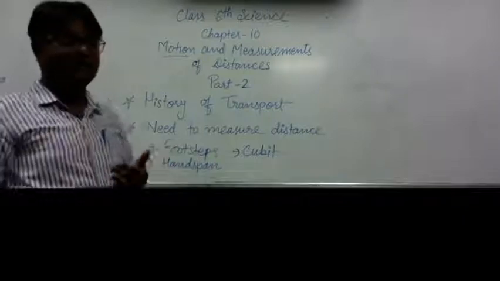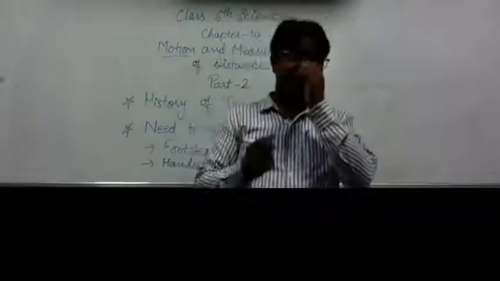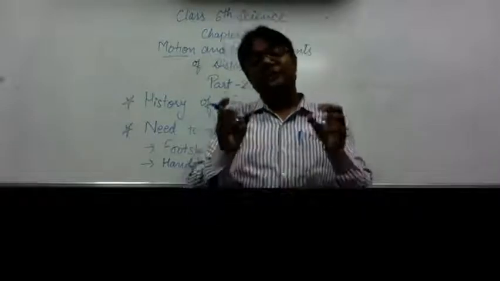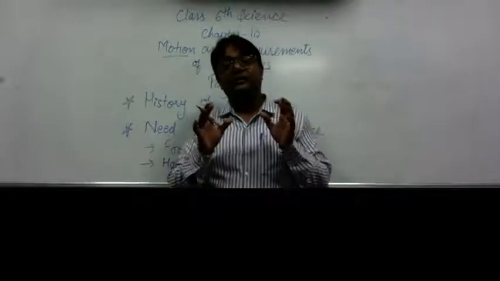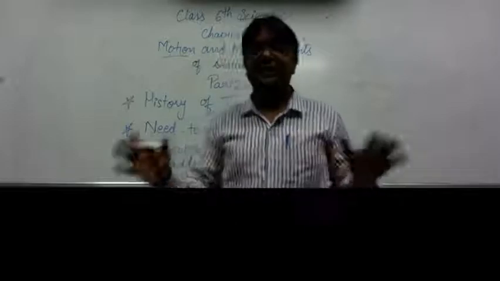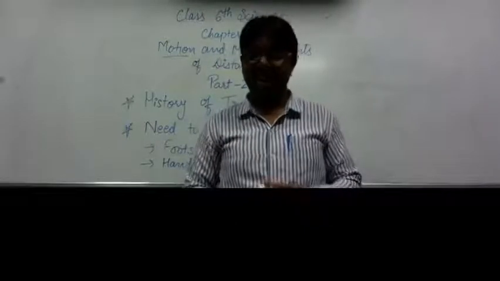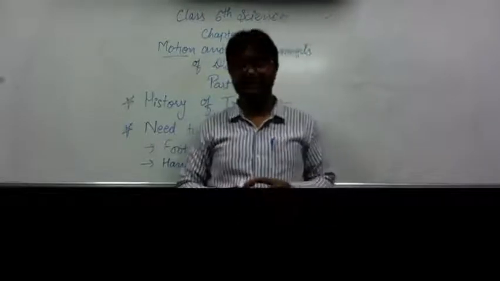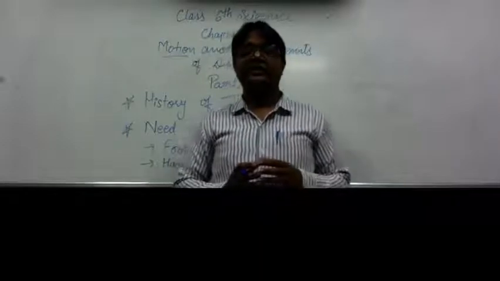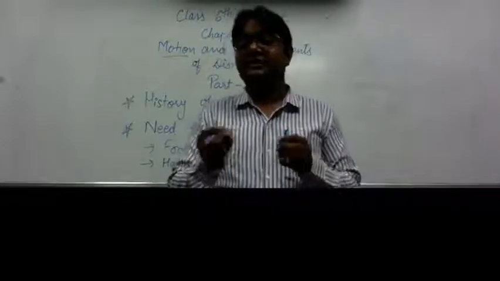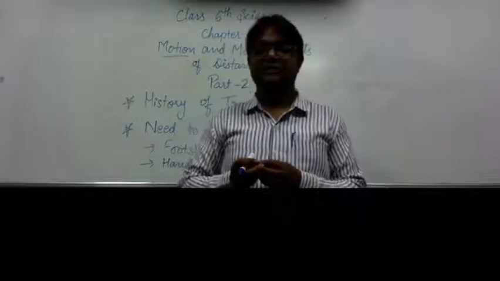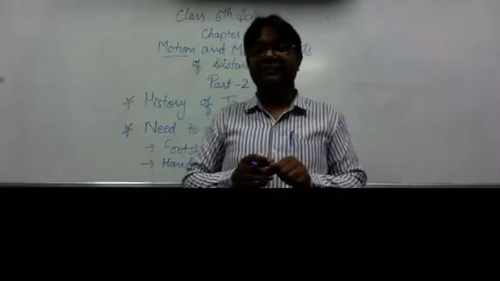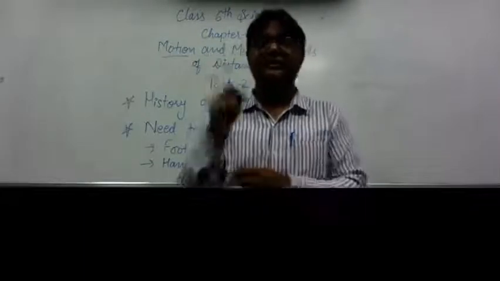But students, all these things, whether I am talking about a footstep, or a handspan, or cubits, all of these are going to vary according to age group. If we talk about a small kid, a small child, that child has very small footsteps, very small handspan, and the cubit length is also different.